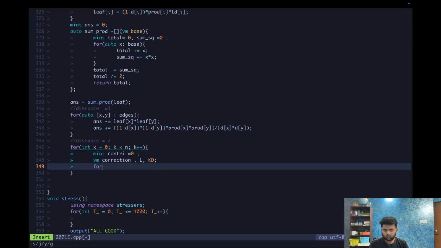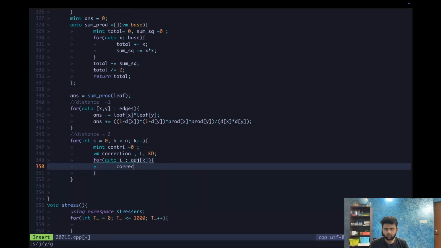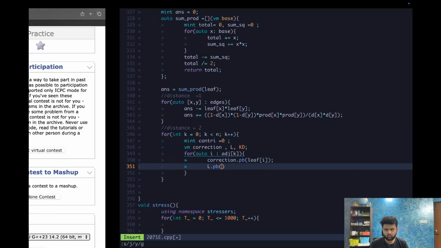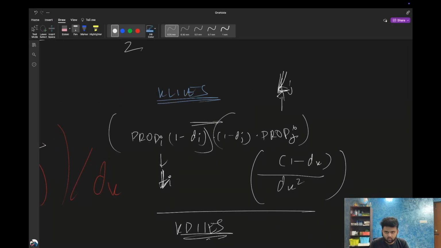Now for each neighbor, the correction term is the probability it becomes a leaf, and the L term, the probability of it when k lives, is prod i times i minus di.